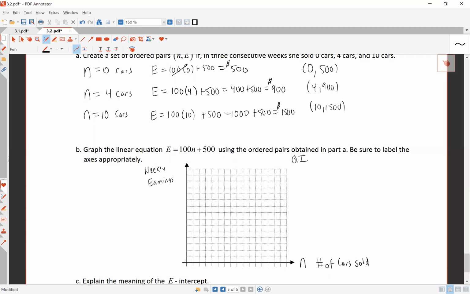So we plot the point 0, 500. We plot the point 4, 900. And we plot the point 10, 1500.